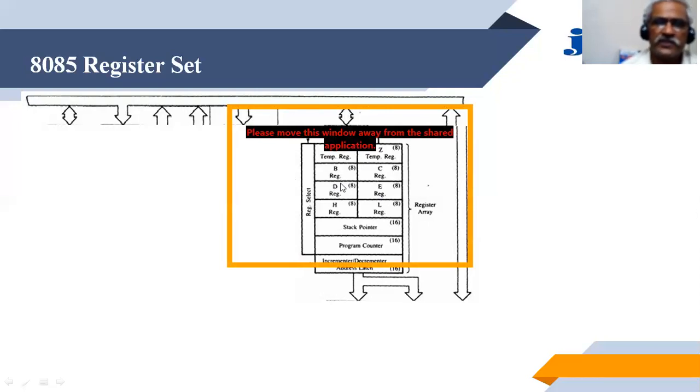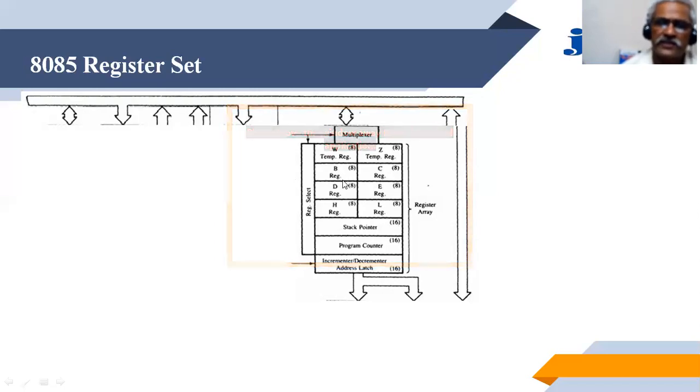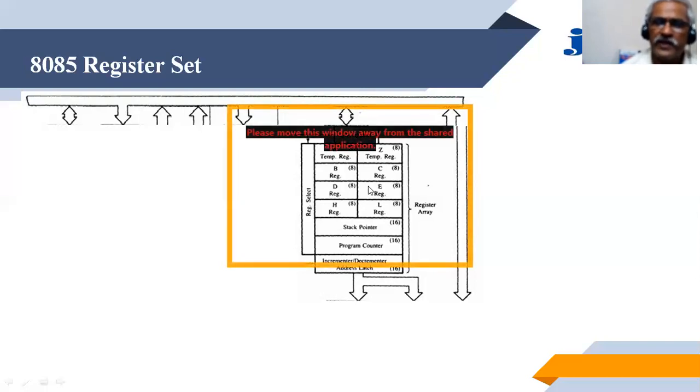These are register B, register C, register D, register E, register H, and register L. These registers can be used in pairs, as BC together as a 16-bit register, or individually as register B and register C. Similarly, DE can be used in pair as a 16-bit register, or individually as register D, an 8-bit register, and register E, an 8-bit register.